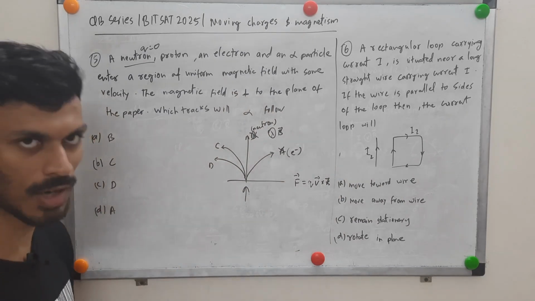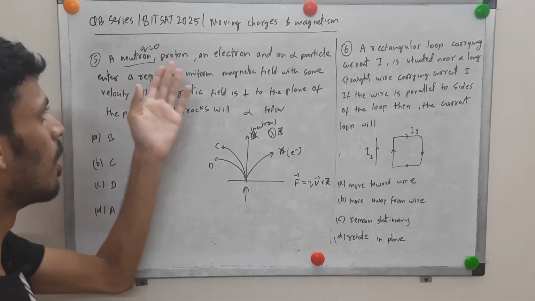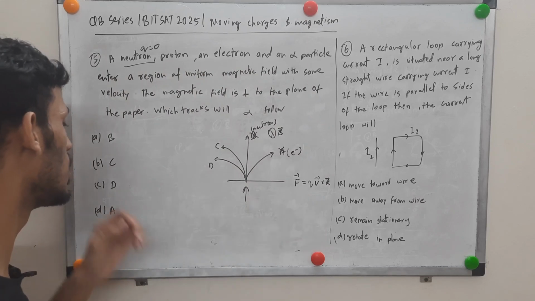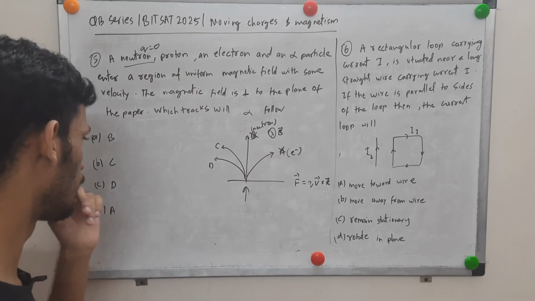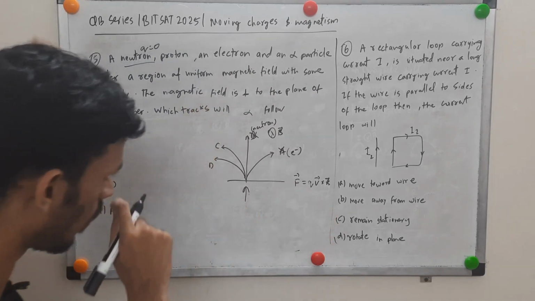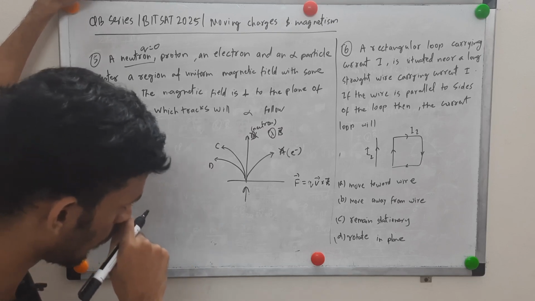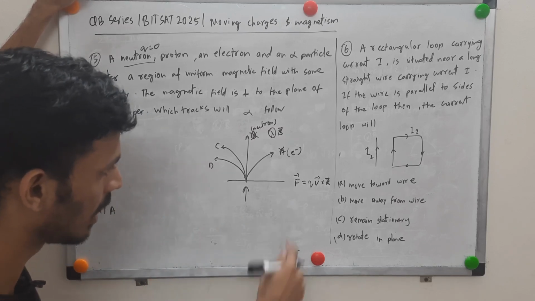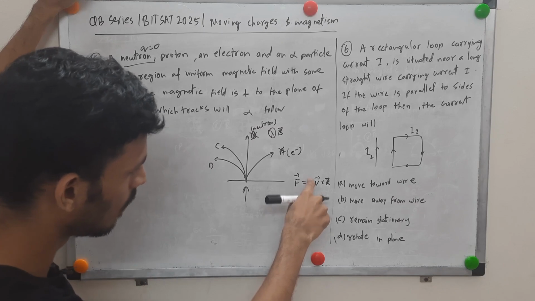So these two are positive charges, as you can see, they are the proton and the alpha particle. Now the question is which among them is alpha. I can try to see it by this logic: the alpha particle has a higher charge, 2 times q.